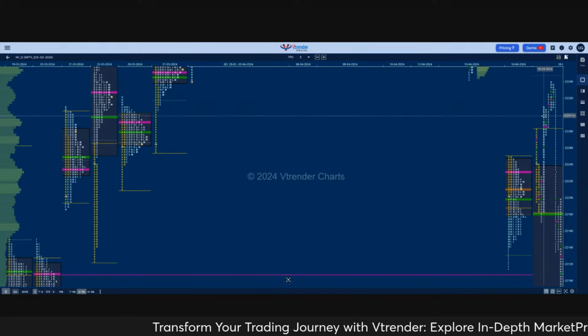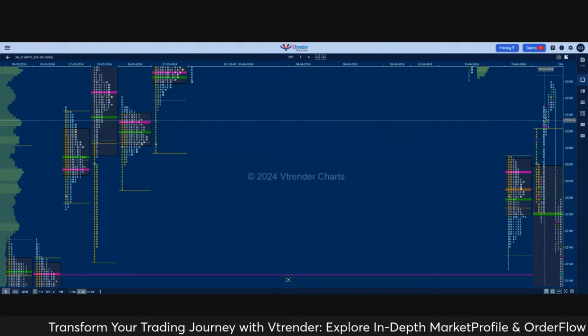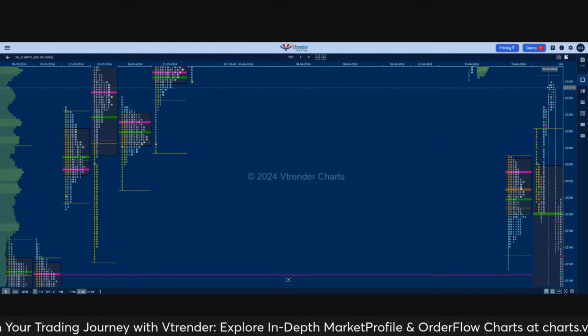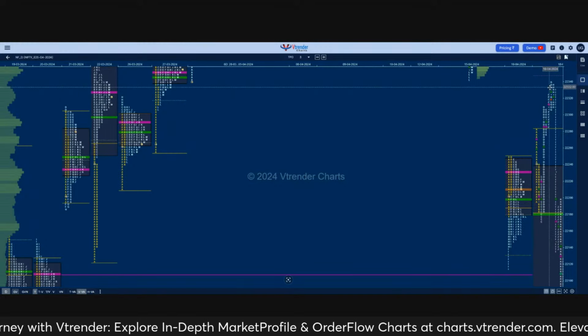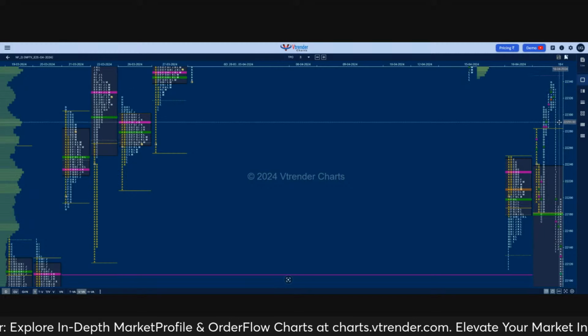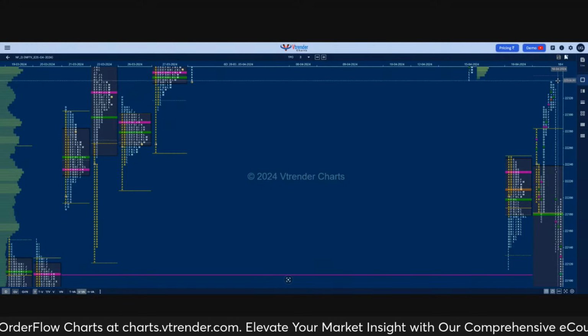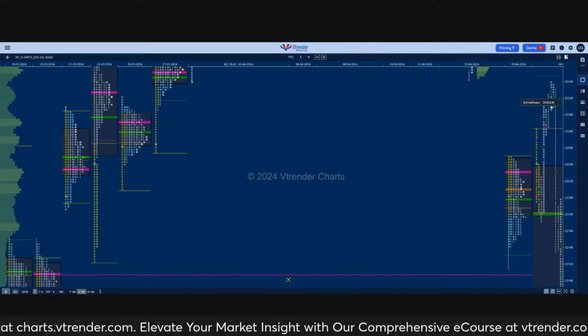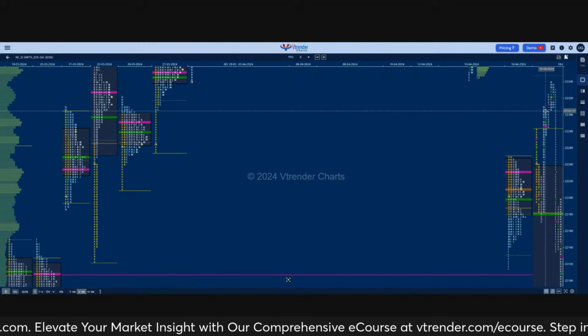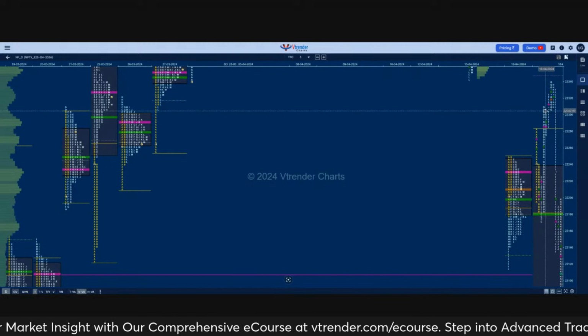We made a higher high in D, E was inside, but F we made a higher high, G again we made a higher high. H was inside. So ideally for the structure to continue, I should have made a higher high above the G period. But when it broke below the low of the G period, it showed us the change of character in the auction.